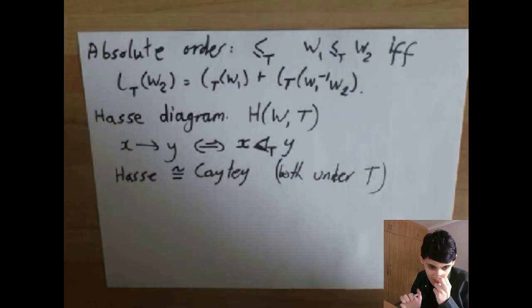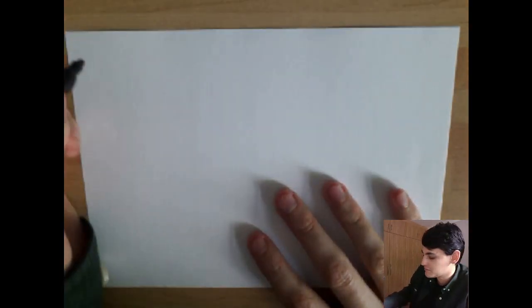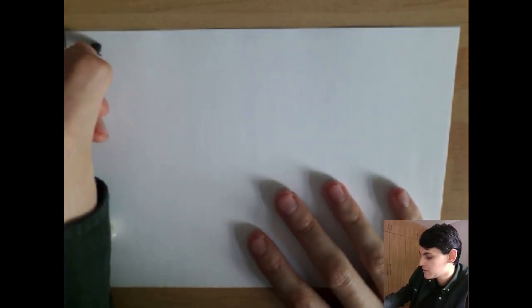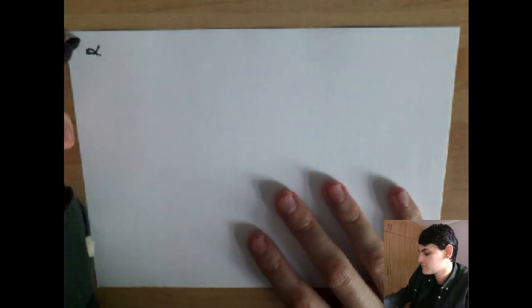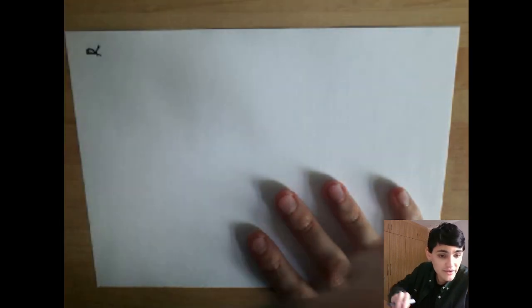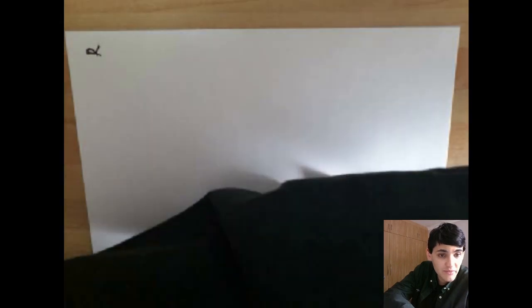So I'm now quickly going to pivot over to root systems. If you're unfamiliar with root systems, don't worry. I define them a little bit more in depth in my paper, but basically they are sets of vectors alpha that are invariant under W. So what does that mean?